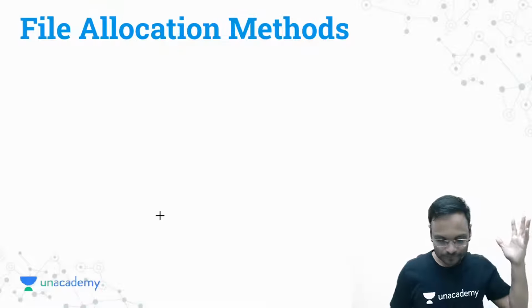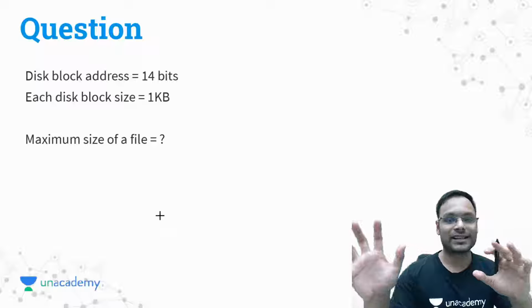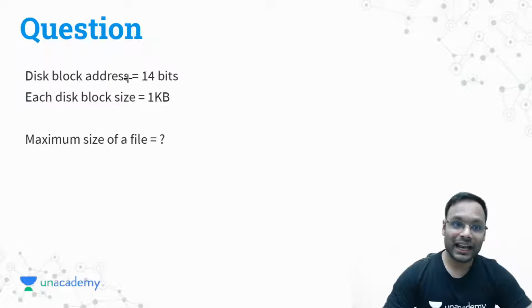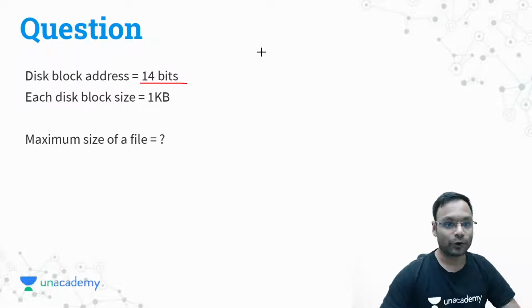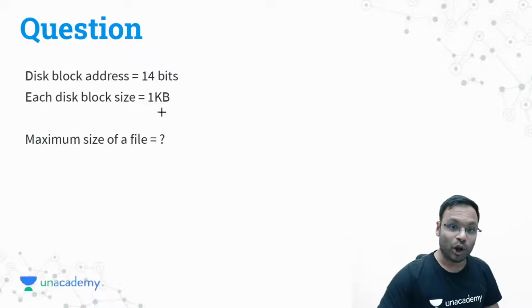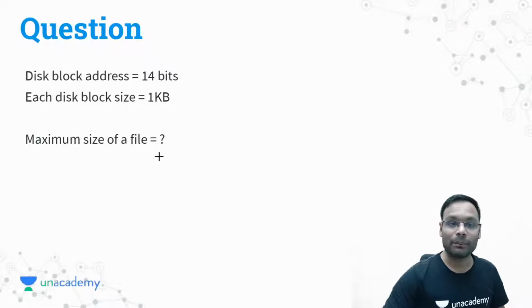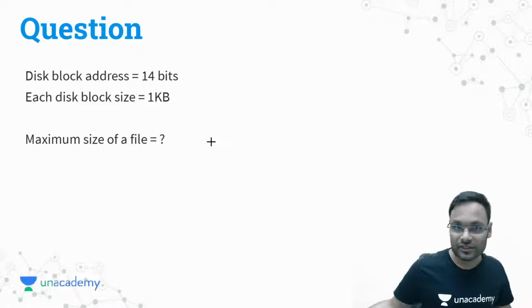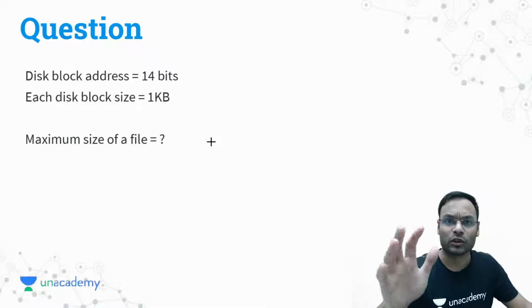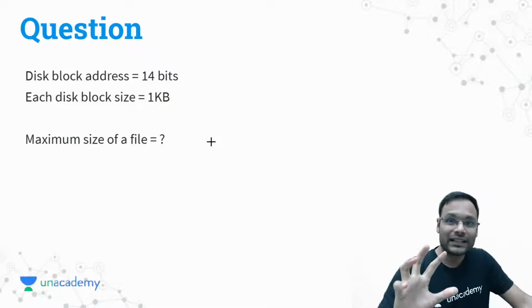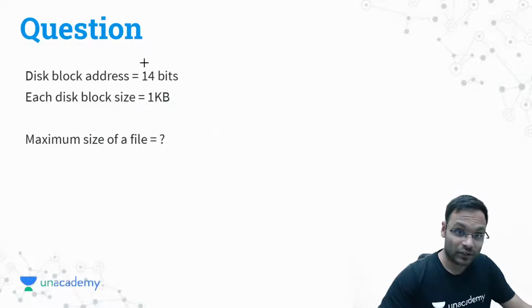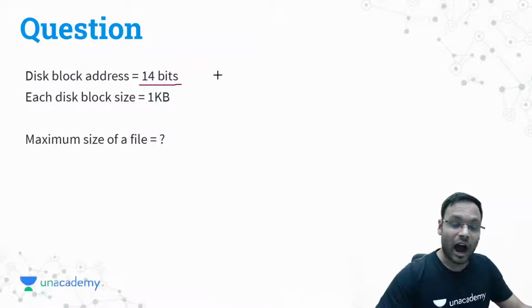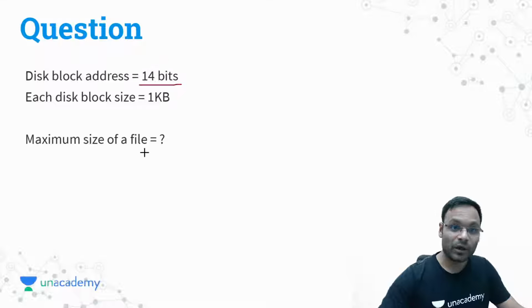The file allocation method will actually be used to indicate which block is to be used to store what file. Before we start, let me ask you a very simple question. Suppose a disk block can be given an address using 14 bits, and each block size is 1 kilobyte. Then what can be the maximum size of a file? The maximum size of a file can be the entire disk. So what can be the size of the disk? If 14 bits are required to address the block, the maximum number of blocks we can have is 2 power 14.